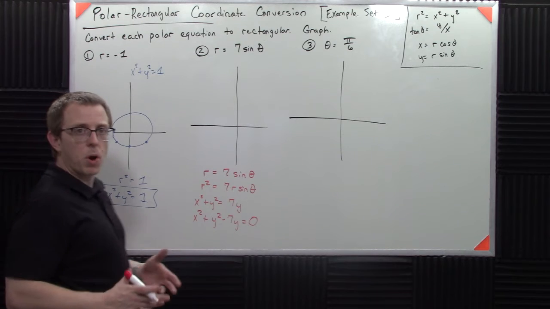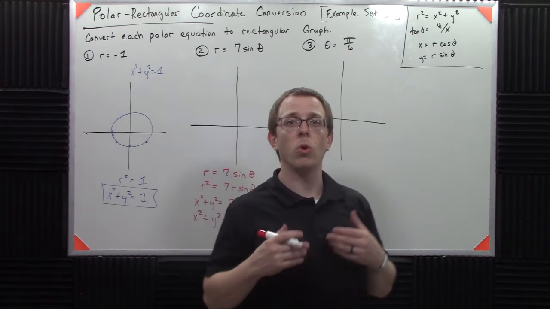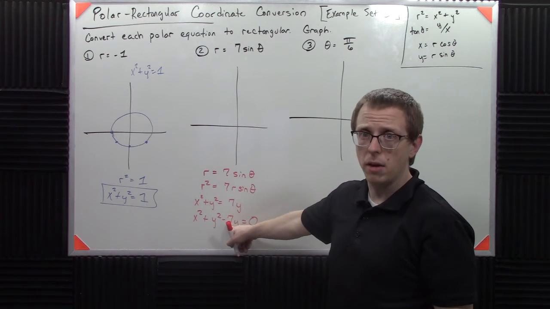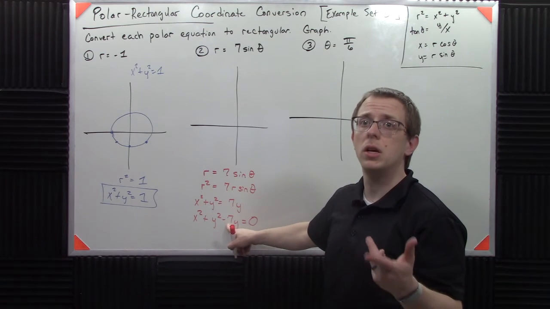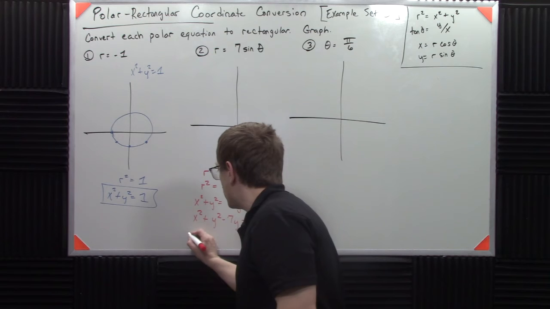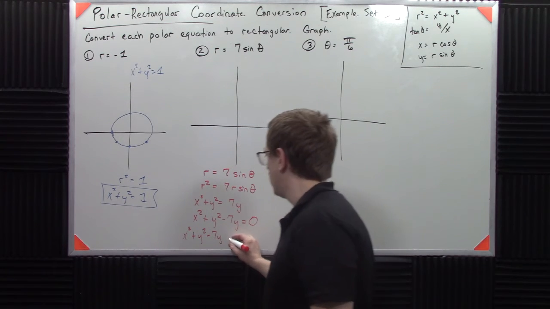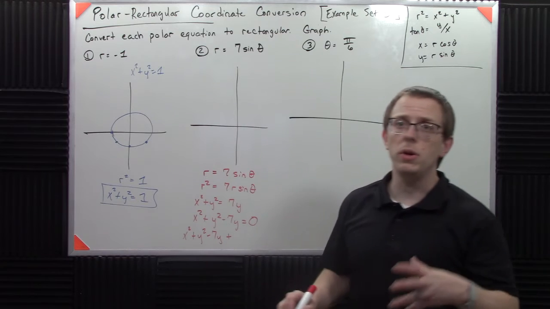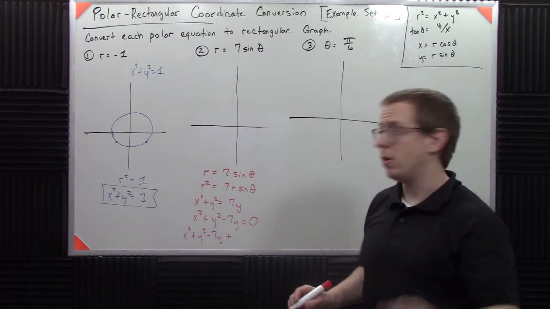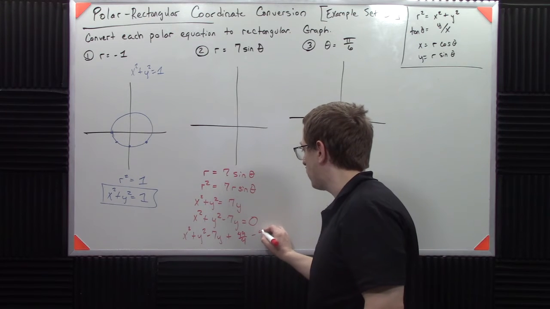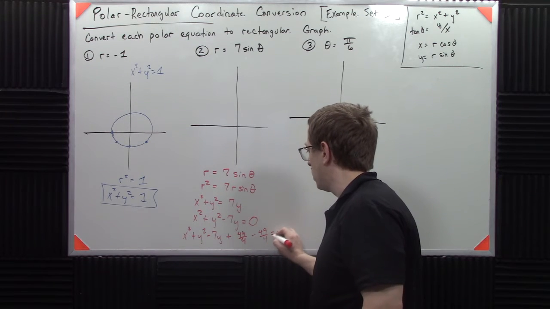Now for this type of problem, you're going to want to complete the square. So you take this number, cut it in half, which is 7 halves, and square it. So x squared plus y squared minus 7y plus 49 over 4 minus 49 over 4 equals 0.